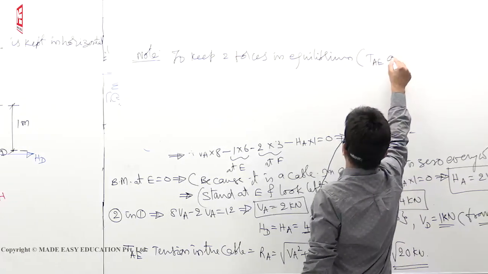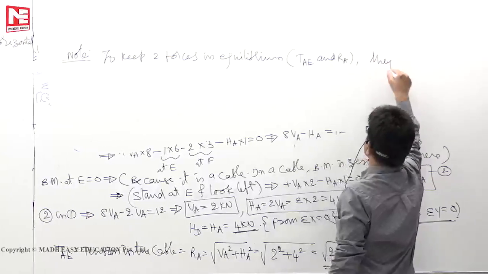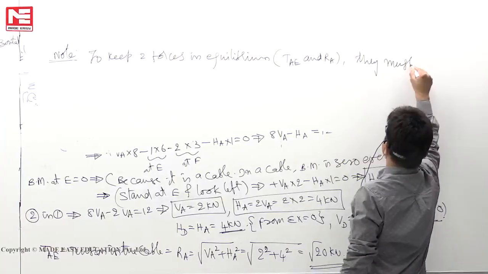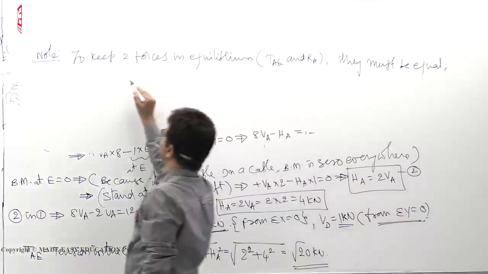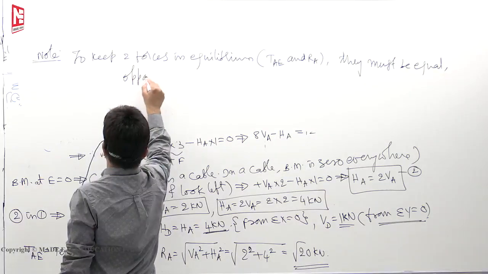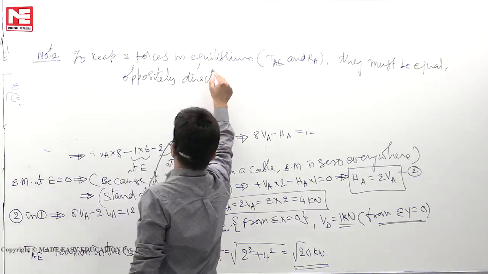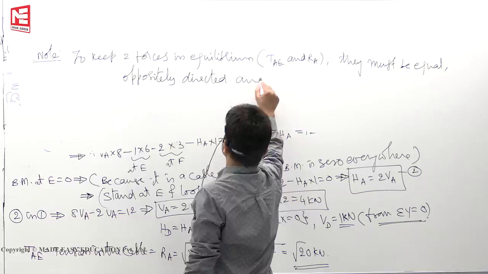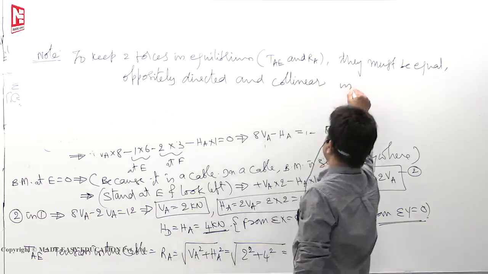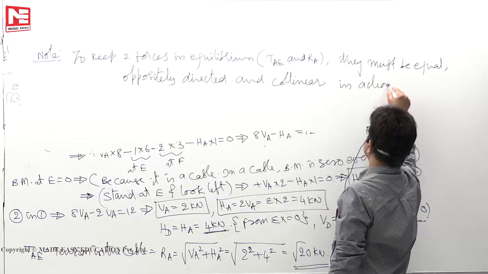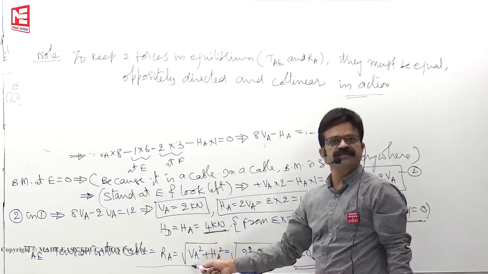TAE and RA. They must be equal, oppositely directed and collinear in action. This concept we used and said that tension is equal to RA.